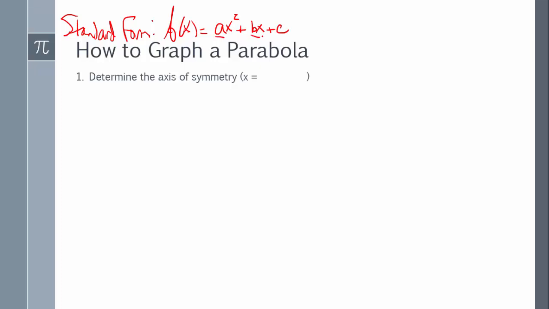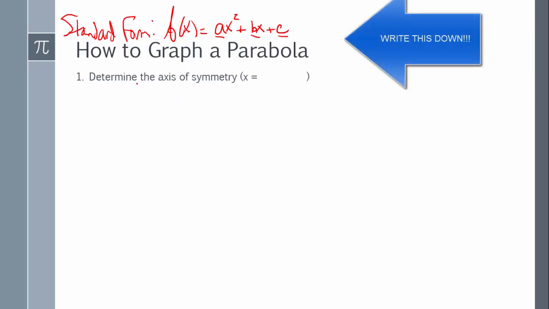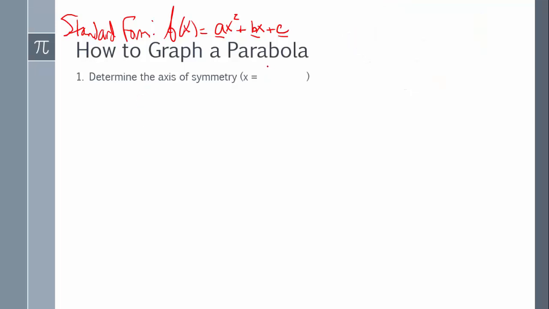The a, b, and c are going to be very important as we go through these steps. All right, so we're going to determine the axis of symmetry. The axis of symmetry will be at the point, or on the line rather, x = -b/(2a). Okay, so we'll plug in our b, we'll plug in our a, and we'll get our axis of symmetry that way.